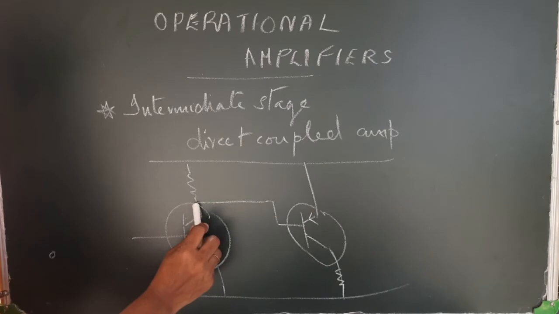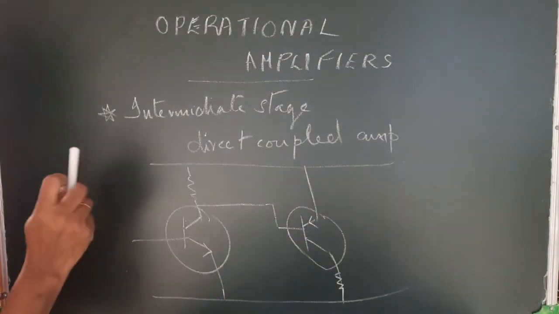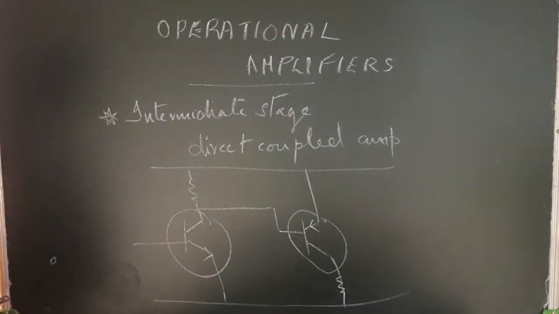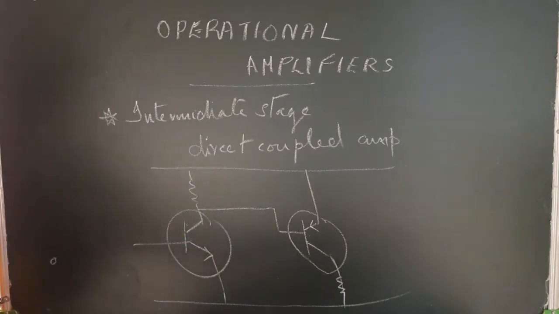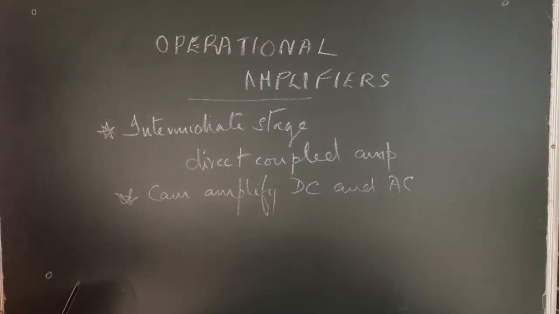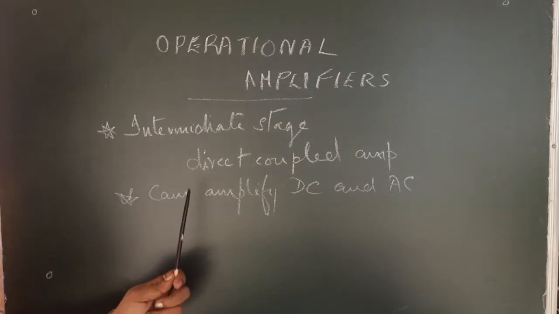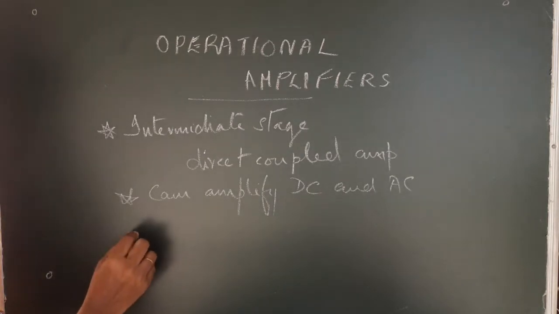The collector of one stage is connected to the base of the next stage without any transformer, capacitor or any other coupling device. So, it is called direct coupling. Because of the same reason, we can use this OPAMP for amplifying AC and DC signals.